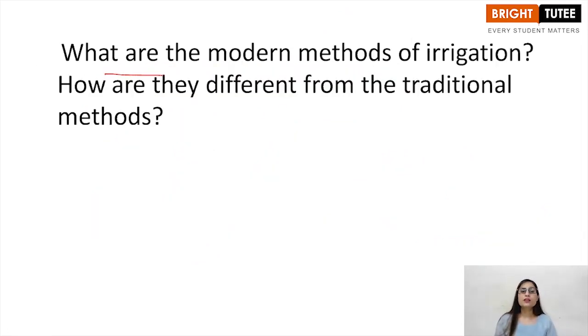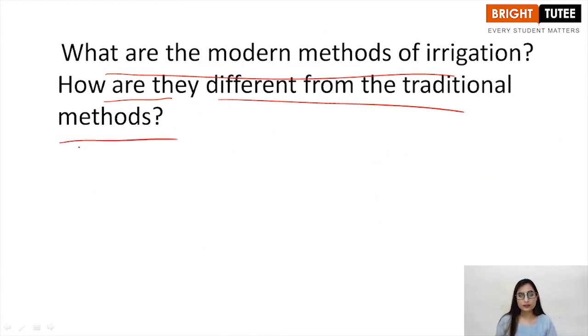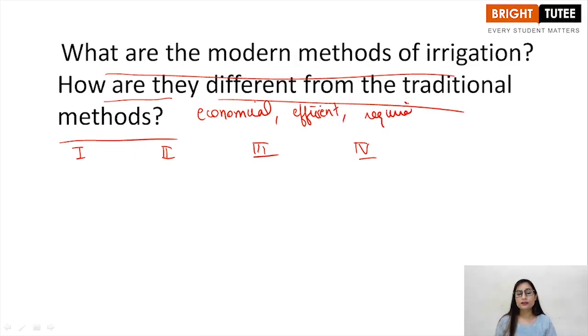Next is, what are the modern methods of irrigation? How are they different from traditional methods? So there are 4 new methods of irrigation, modern methods, right? They are different from traditional methods because they are much more economical and efficient, right? They require less labor.